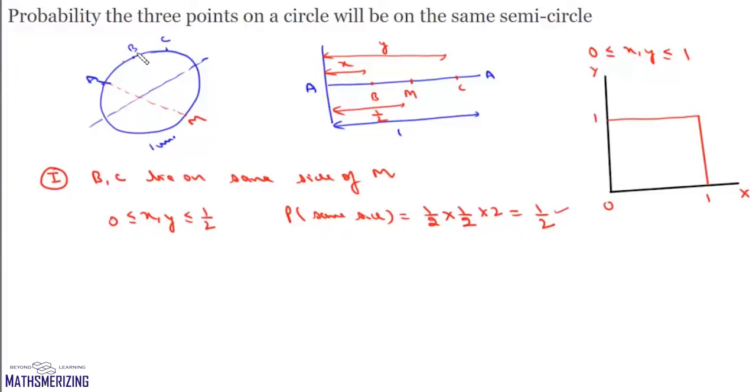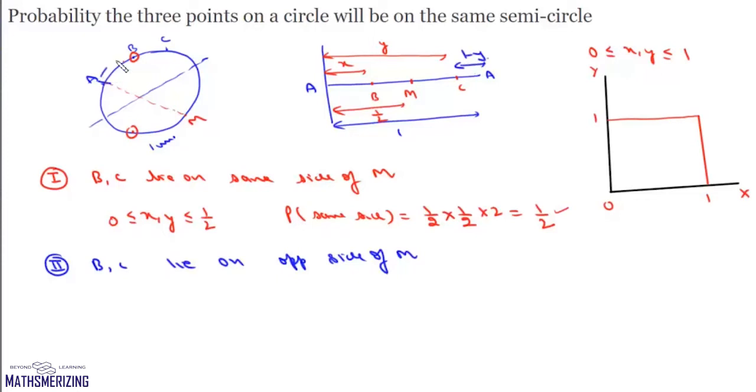Now another possibility is when B and C lie on opposite sides of M. Then in that case, you have to find conditions on x and y. So the second case is when B and C lie on opposite sides of M. Now this distance from A is x, and the distance of C from A in that case will be 1 minus y.